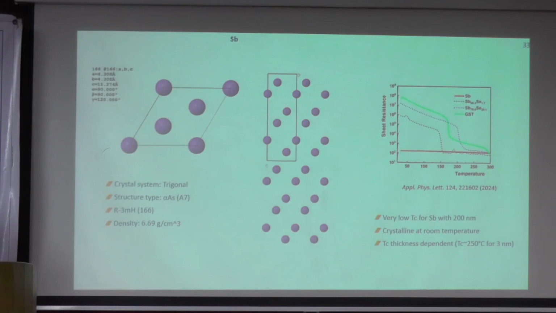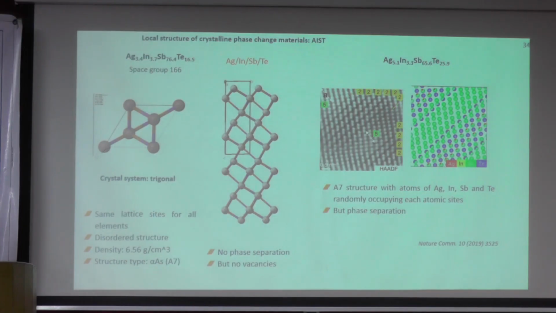So now let me look at the AST material, so-called AST. This is an optical material, also can be used for electrical switches. This material has only one phase, and it's crystallizing in space group 166, crystal system trigonal.